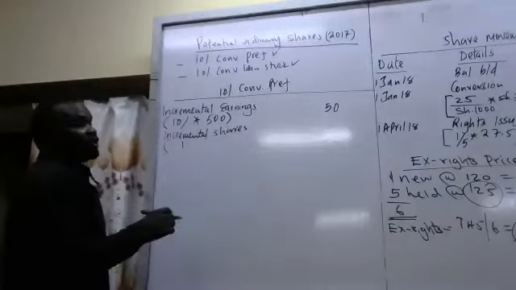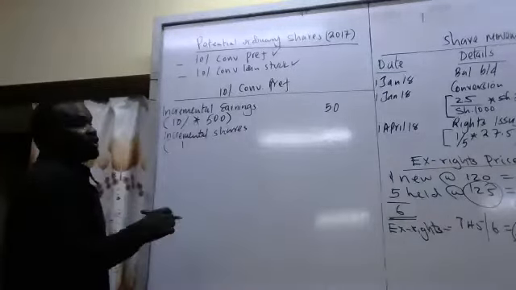How many preference shares are we having? How many preference do we have in the capital structure? 500 divided by par value, which is 100, so we only have 5.